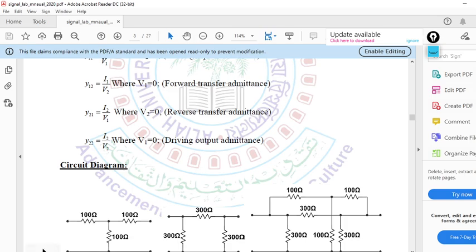In the same circuit you will also measure Y11, Y12, Y21, Y22. If it is over, then based on our time we'll go to the next circuit. Otherwise we'll do the same thing next week.